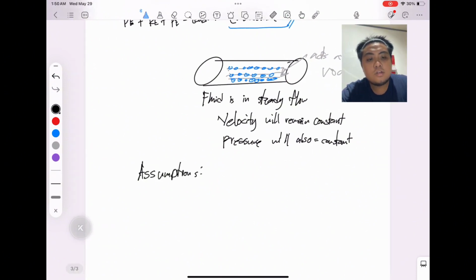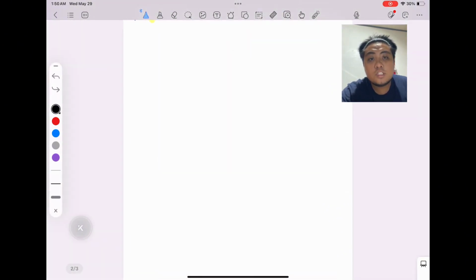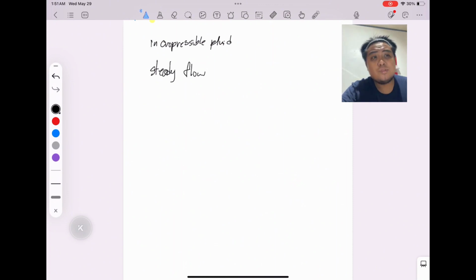So next are our assumptions when it comes to Bernoulli's equation. First assumption, we should assume that the fluid is incompressible, meaning the density of the fluid is constant and does not change with pressure or temperature. Next, the flow of the fluid is in steady flow state.